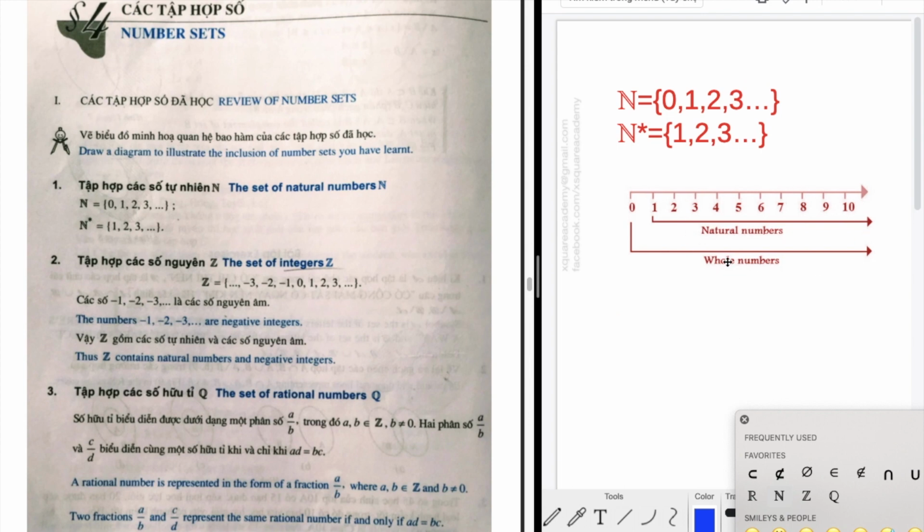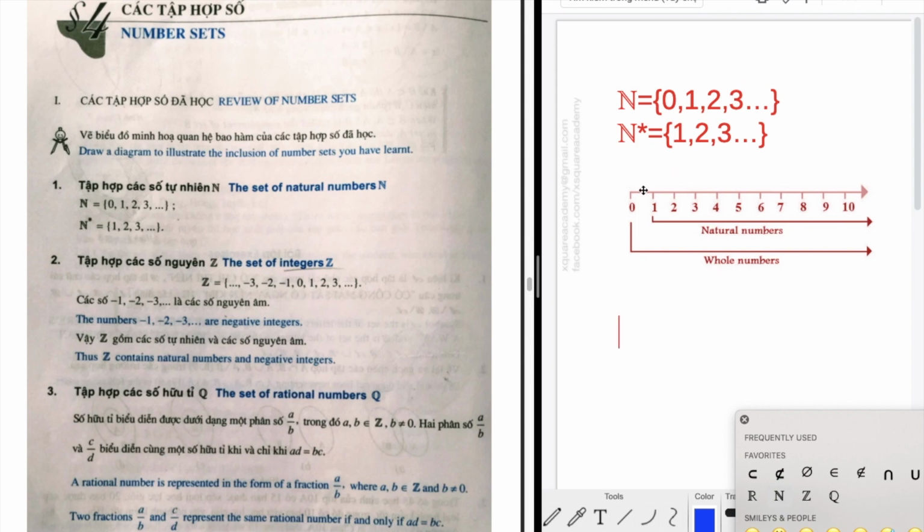So you can see the set of natural numbers begins from 0 to infinity, and every point of the line is a number.